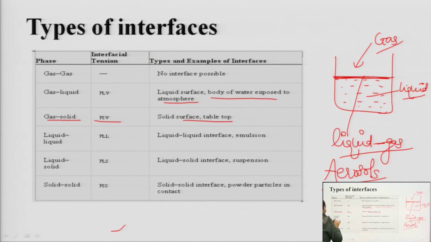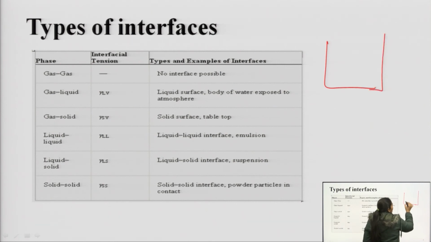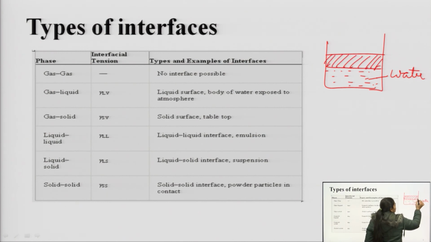Next is the liquid liquid interface. The liquid liquid interface is represented by gamma LL, and the example of this is emulsion. See, there is a liquid, and this liquid is water. There is another liquid, for example, oil.